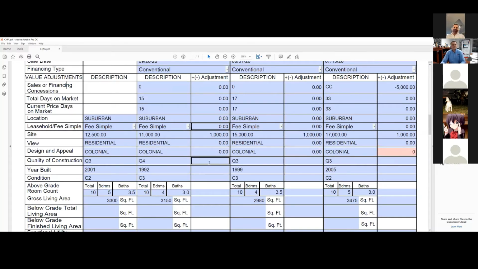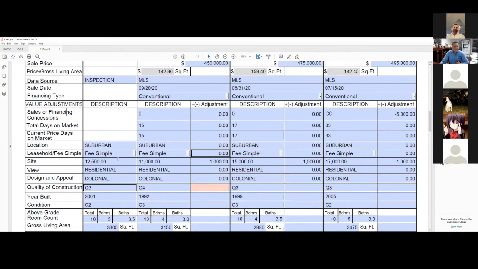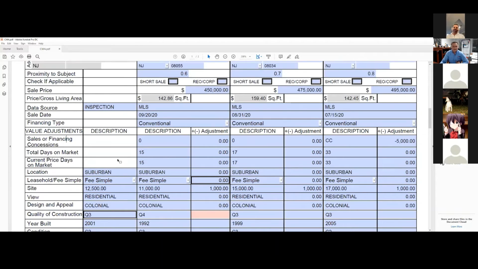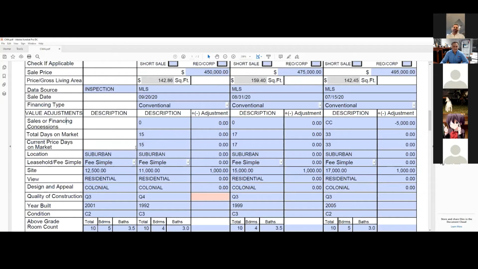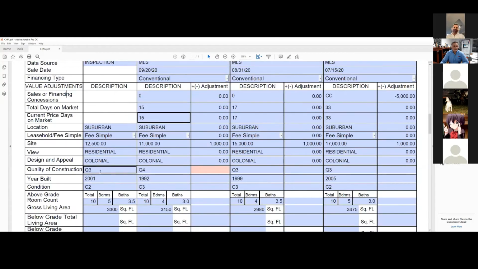So here we go. Now, can anybody tell me, after seeing those price ranges, our property is Q3, so it's a fairly newer home, and also C2, meaning the condition is extremely good. So this home is probably between 1 to 5 years old and in perfect condition. And here's another one, Q4.